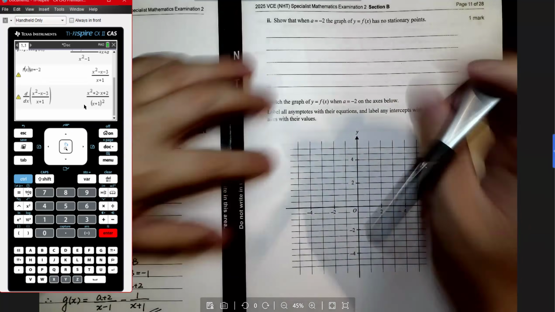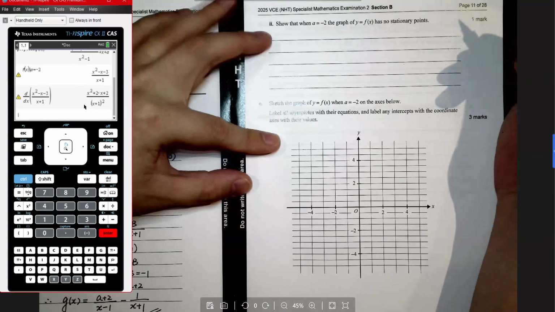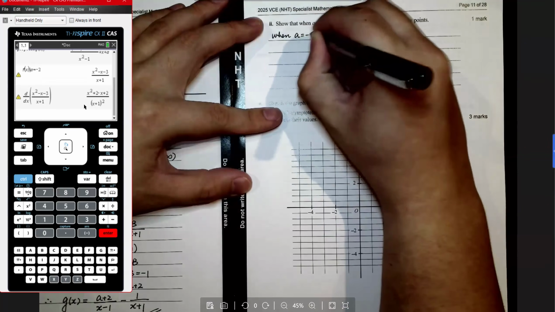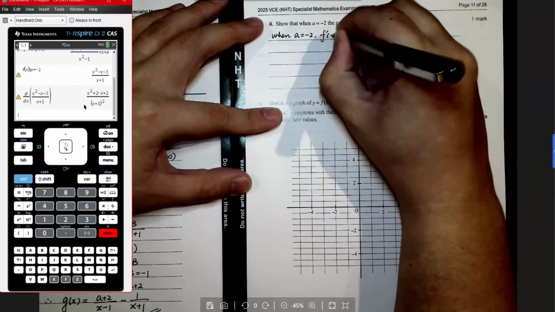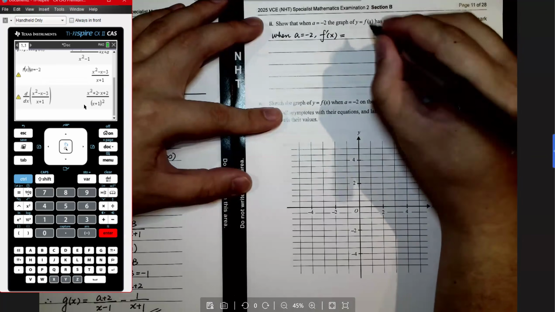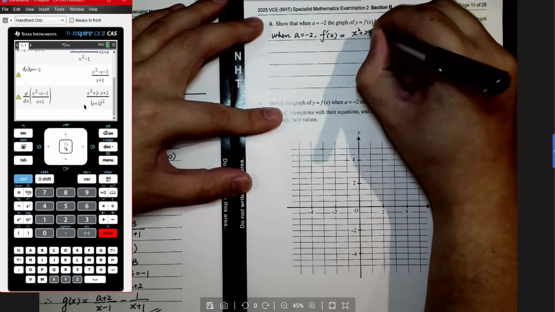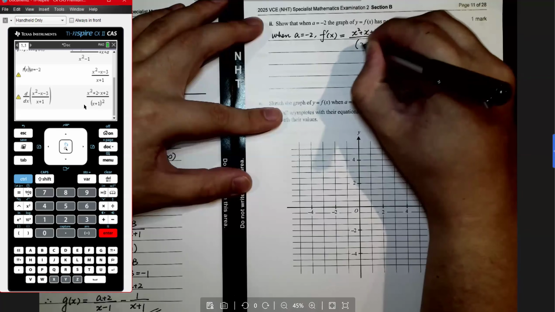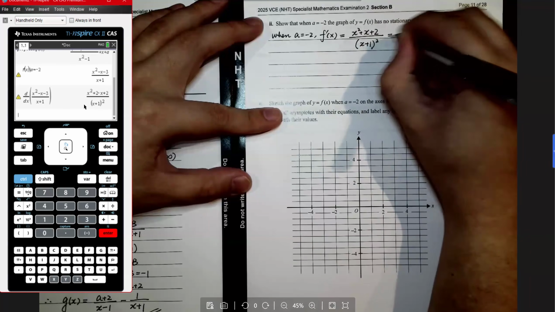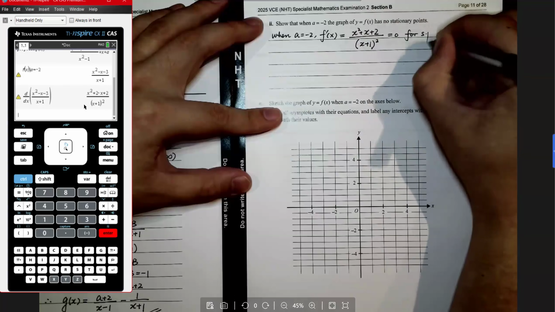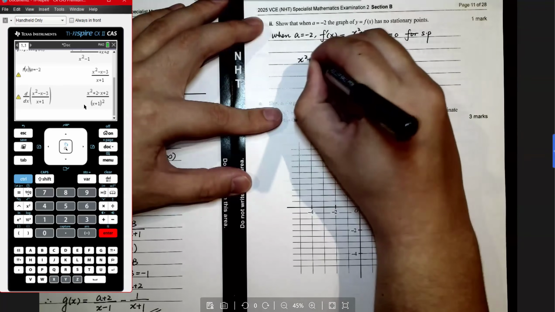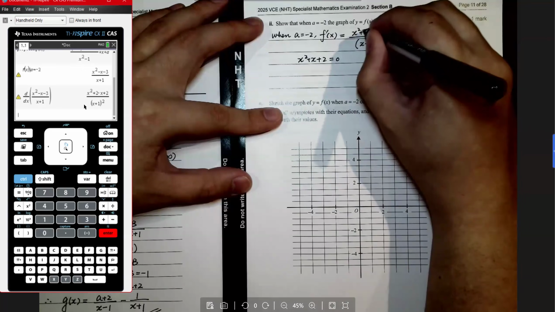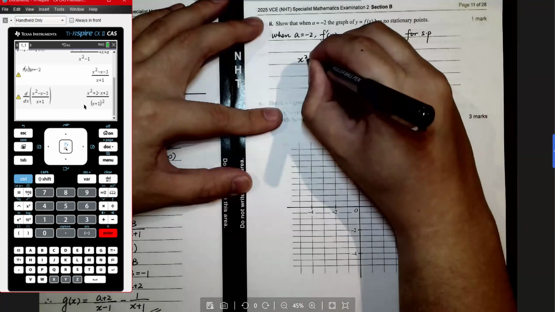And then we can argue this equation has no solution. This is 2x. This is 2x.